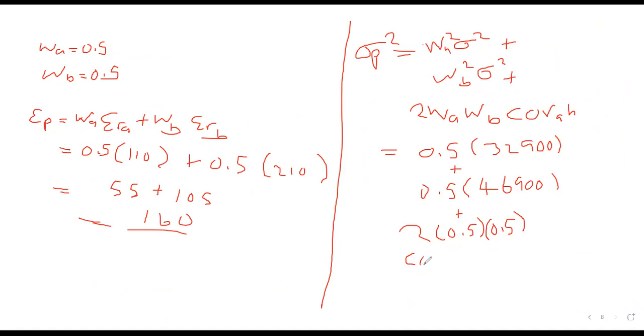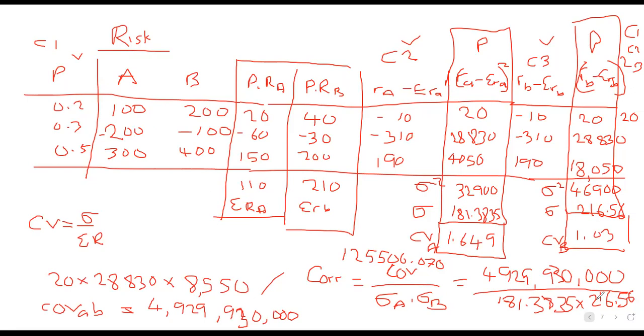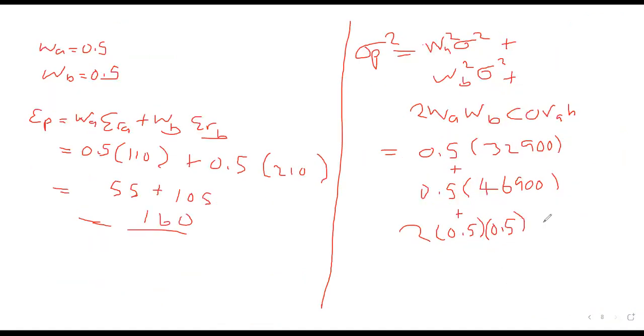Then the covariance of AB is supposed to be what? The covariance of AB we found, 4,929,930, times 0.5 times 0.5 times 4,929,930.